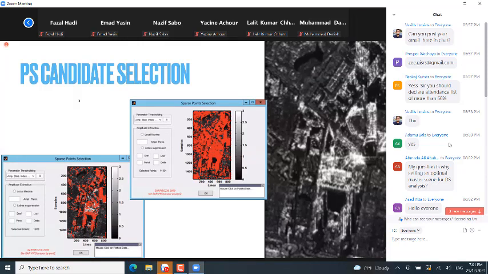If you have lots of images over a long time, you may set a different threshold than when you have only a few images and so on. So it can be useful to check what happens if you change the value, see how many points you get, and whether that is suitable.